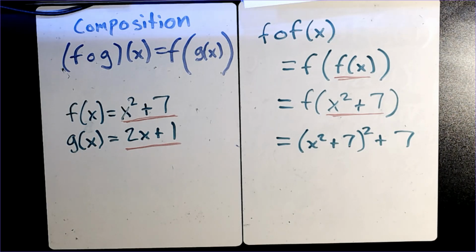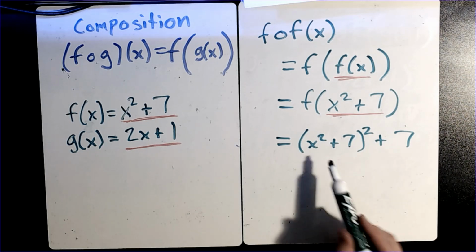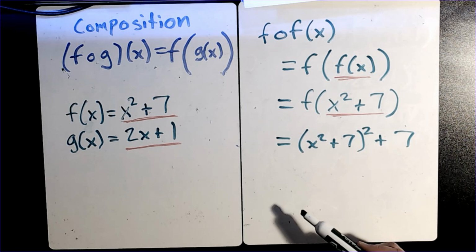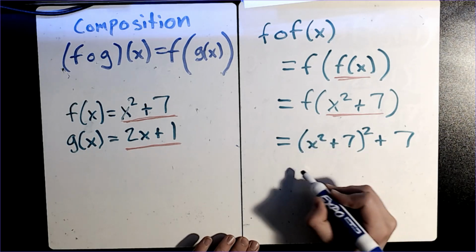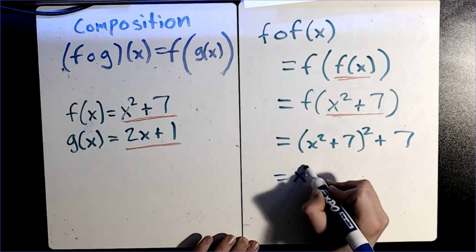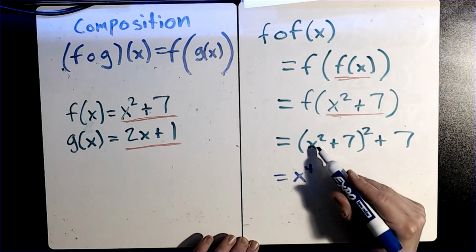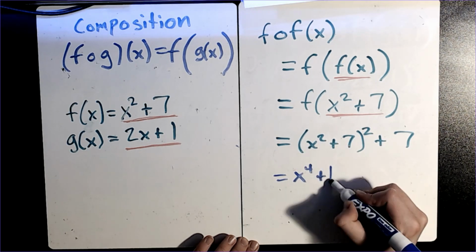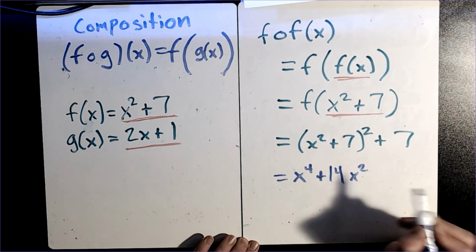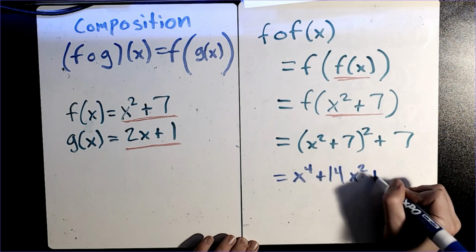And again, you could distribute out this perfect square here if you want to. You don't necessarily have to. I guess I will just make things better for you. x squared times x squared is x to the fourth, and then we have 7x squared, and another 7x squared would give me 14x squared, and then 7 times 7 is 49.